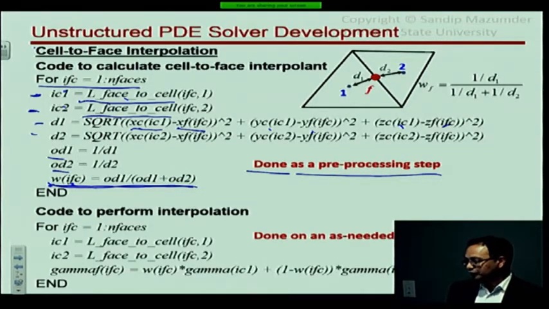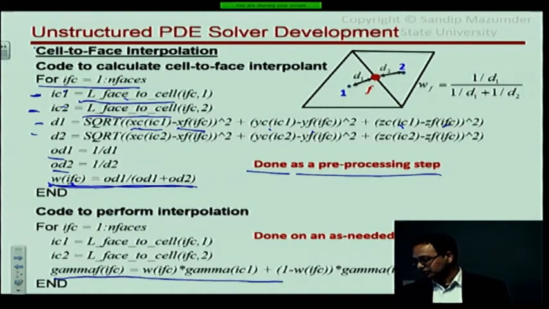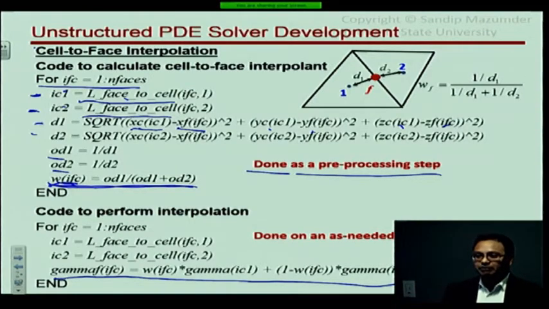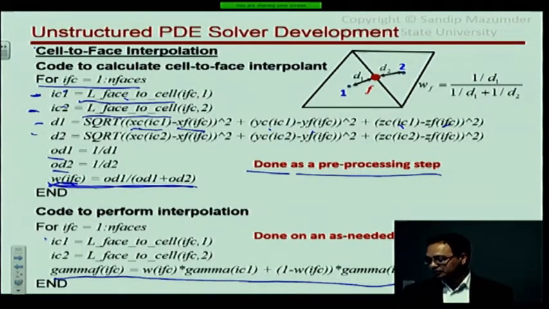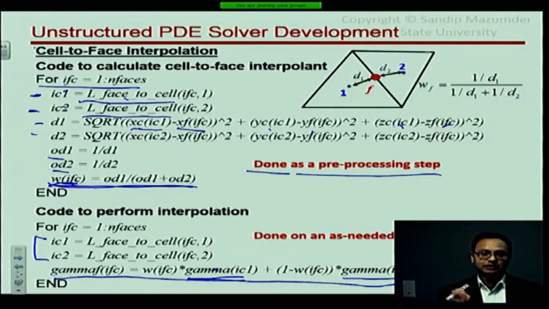Now, how do we use it? Here is an example. This is the formula I showed you earlier. Once you have this and you've stored this, if I asked you what is the value of gamma at a face, you just get the two cell center indices next to the face. That gives you gamma at cell 1, gamma at cell 2. Those are the values that we have stored. We just multiply by the weight function.